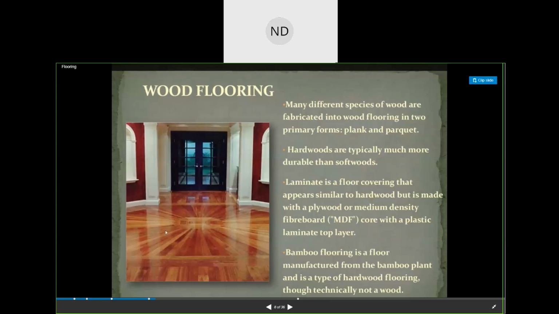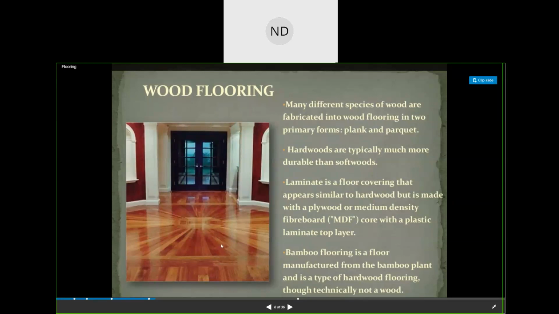So bamboo can also be used for your flooring system, which is also known as wood flooring. Bamboo flooring is manufactured with the help of bamboo, but it is polished and finished in such a way that it looks like other wood flooring.